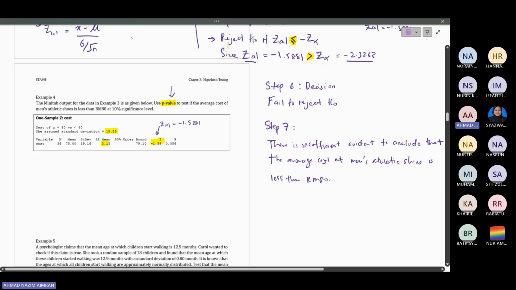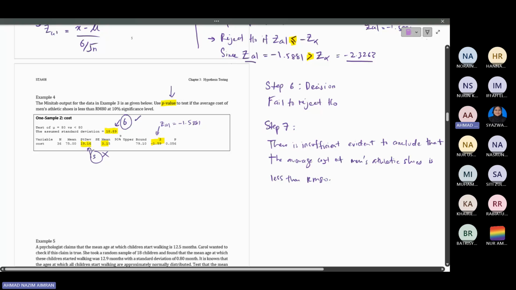We have discussed this before. If the assumed standard deviation is given, it means that the standard deviation here is actually the standard deviation of the population. And down here is the standard deviation of the sample. If sigma is given, use sigma. Do not use S, the standard deviation of the sample.